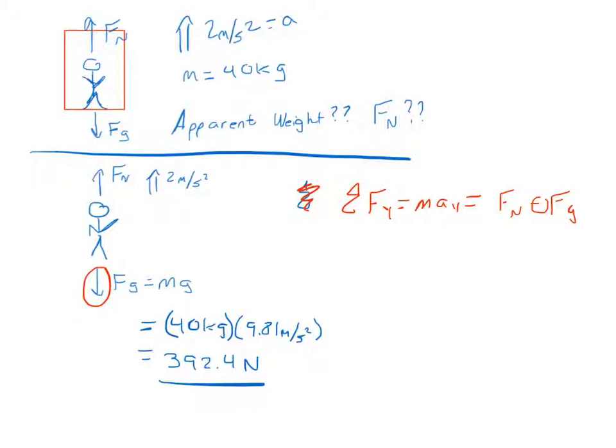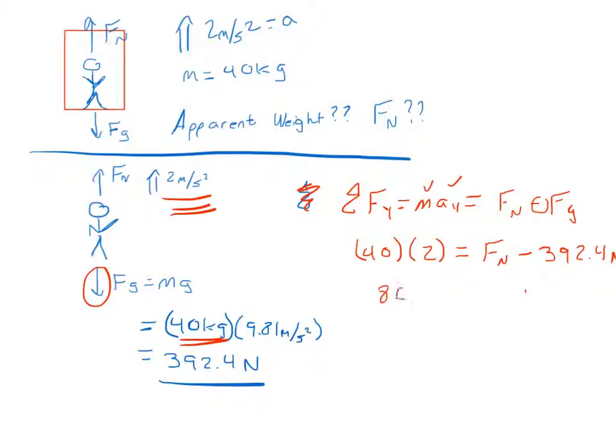If we plug in our variables, we know his mass is 40 kilograms and his acceleration is 2 meters per second squared. So we get 40 times 2 equals his normal force, which we don't know, minus his force of gravity, 392.4 newtons.